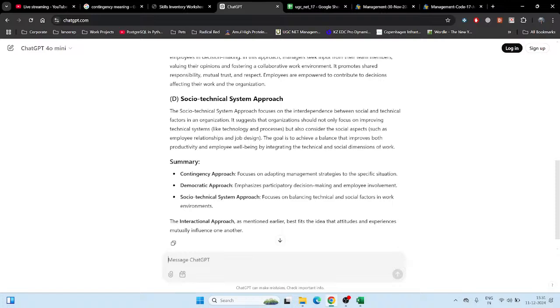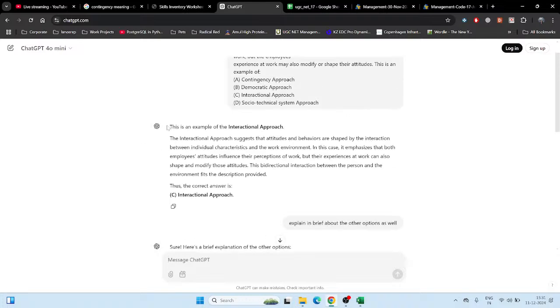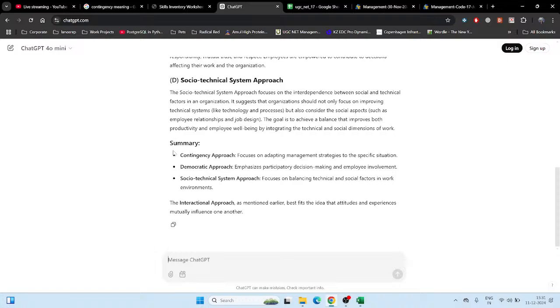The socio-technical system approach focuses on related metrics. Yeah, this seems right, and we can explain the interactional approach.